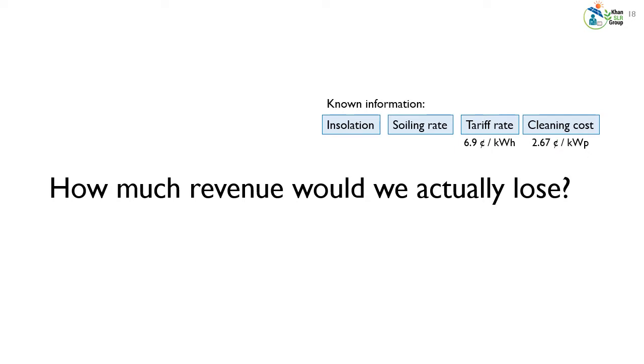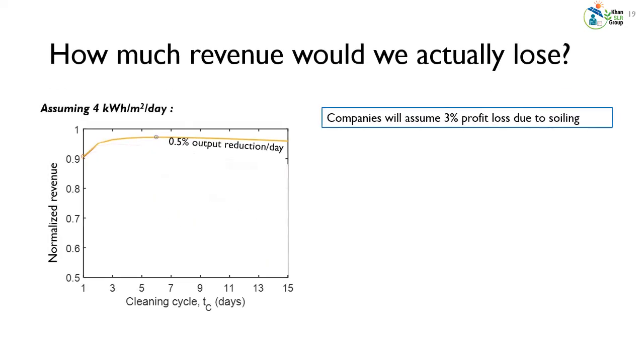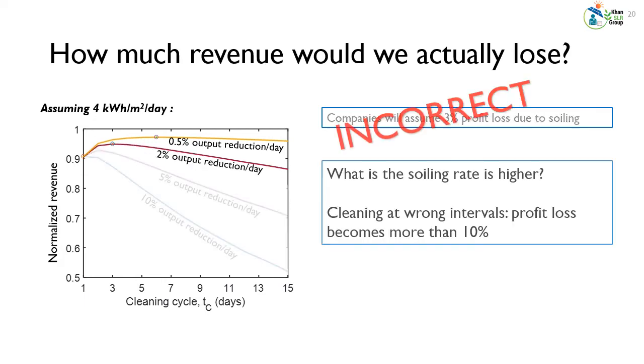But how much revenue would we actually lose? So companies would usually assume 3% profit loss due to soiling. That's more or less true if your output loss per day is low. But depending on your location, it can be higher. And depending on how long you wait, your revenue loss might be even higher.